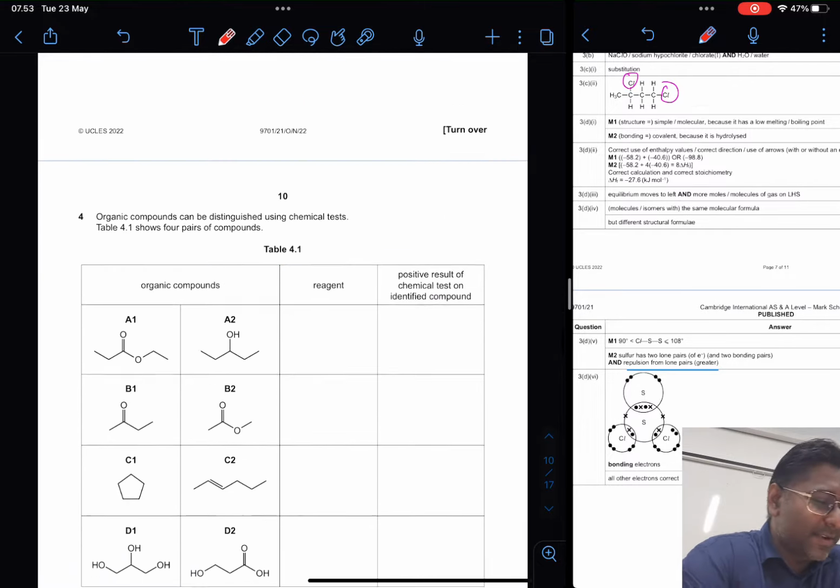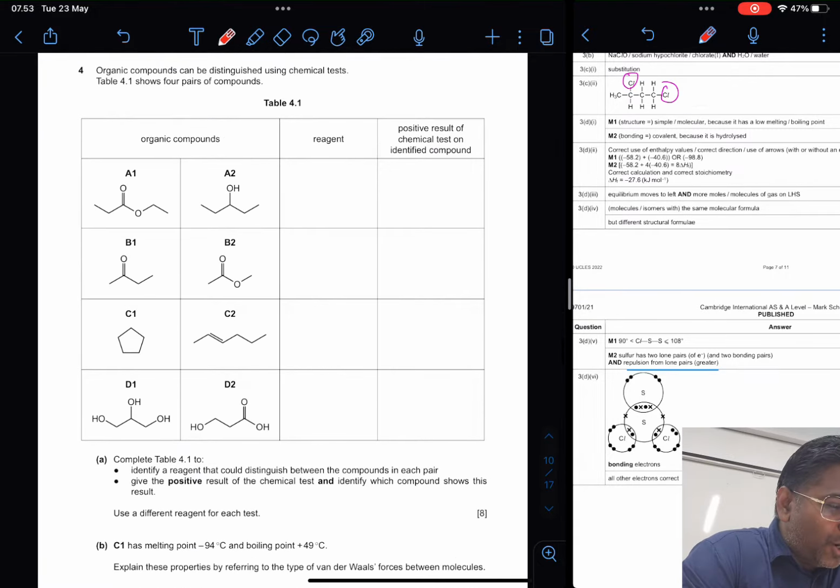All right. Next. Organic compounds can be distinguished using chemical tests. This is similar to what we did earlier in the previous paper. Here they say table 4.1 shows 4 pairs of compounds. If I look at the compounds over here, I have this one as ester. I have alcohol here, and this alcohol is a secondary alcohol.